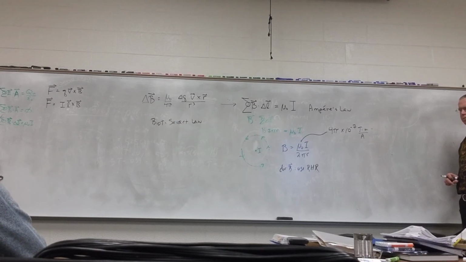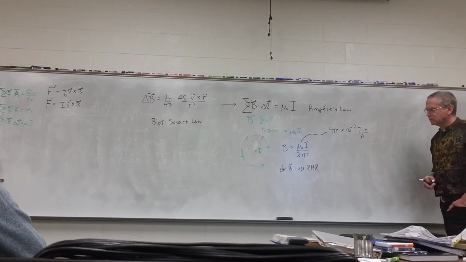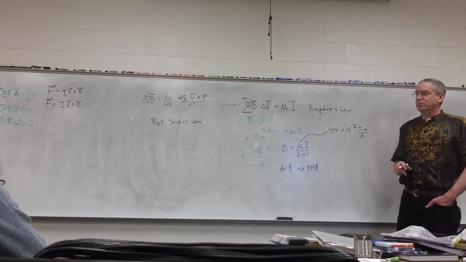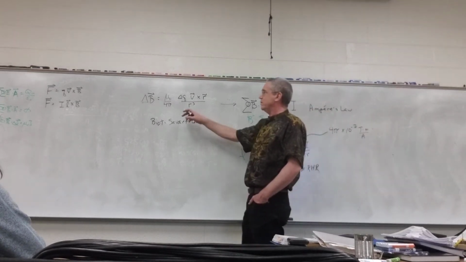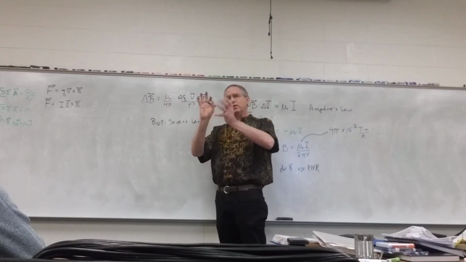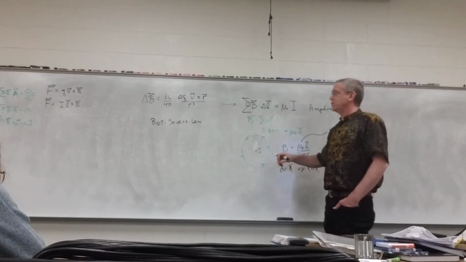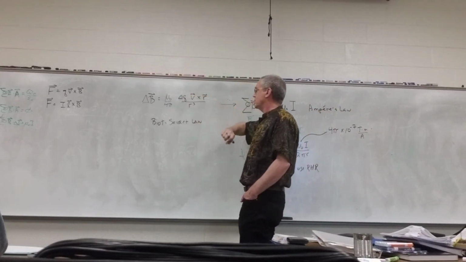Which ends up being 1.2 something times 10 to the negative 6th. So if you notice on Biot-Savart, since we divide mu naught by 4 pi, that 4 pi immediately goes away. And so it'll just be this times 10 to the negative 7th.